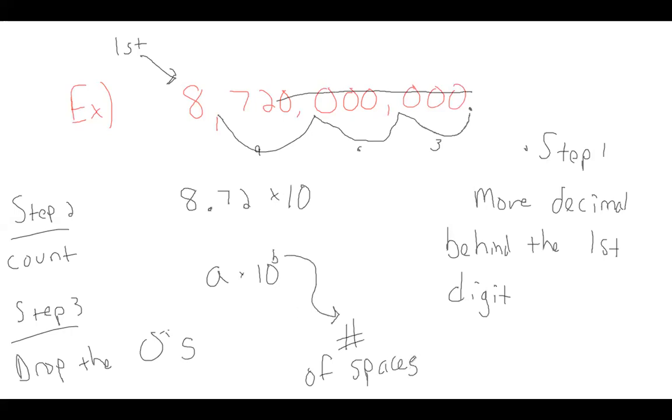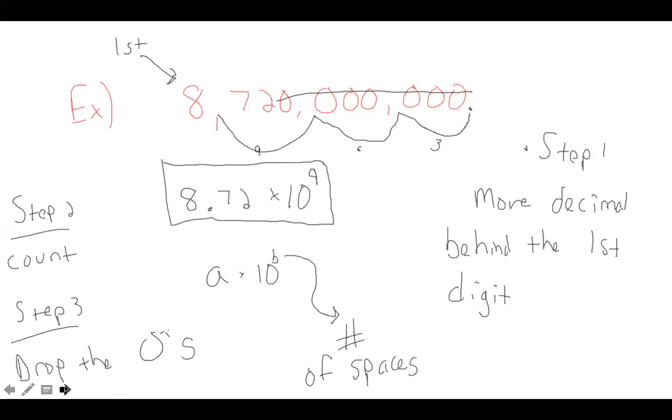So how many spaces did we move? 9. Okay. And so this is the answer. And if we just said write that number in scientific notation, there it is. Okay.